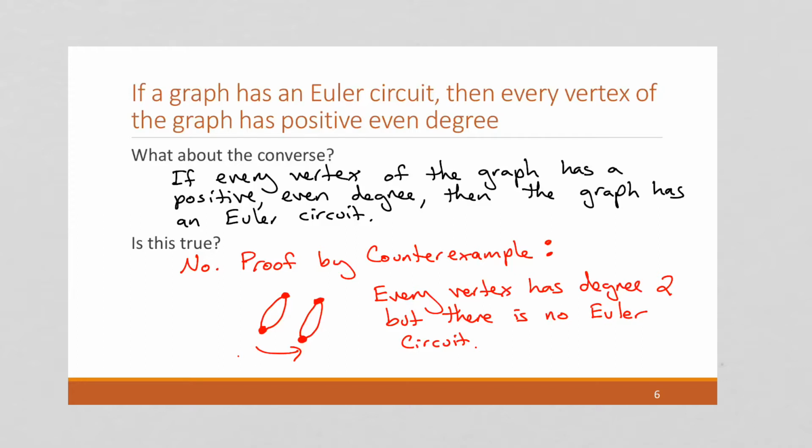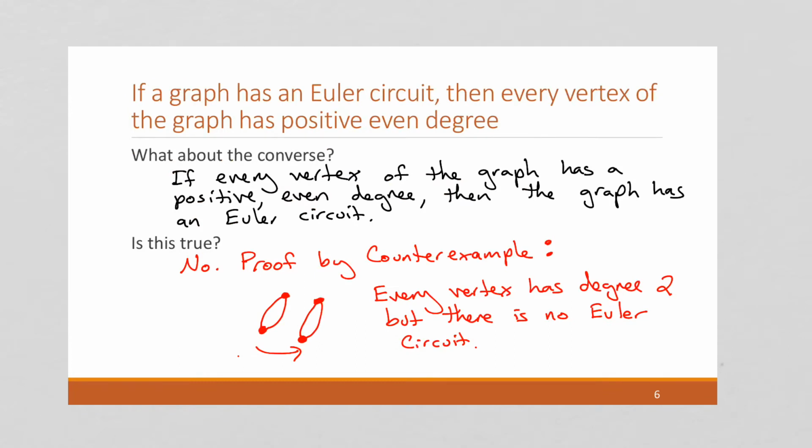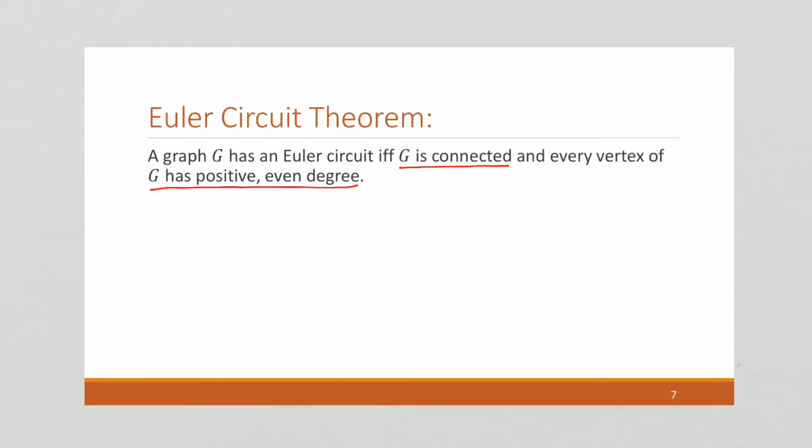And next we're going to see a really important theorem in graph theory. And that's this notion that a graph G has an Euler circuit if G is connected and if every vertex has positive even degree. So pretty much, while the converse itself isn't true because it lets you have graphs that are not connected, if you fix that, if you force them to be connected, then it is true that if it's connected and every vertex has positive even degree, then there will be an Euler circuit.